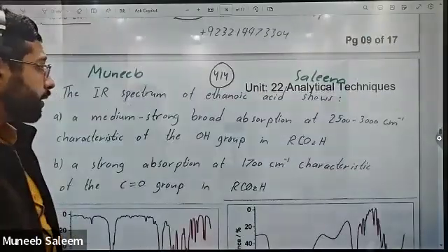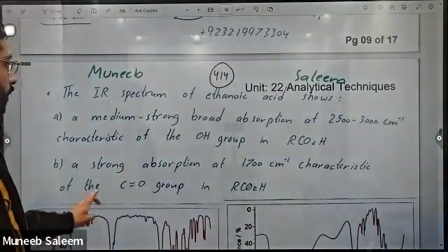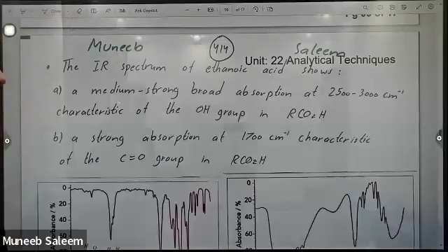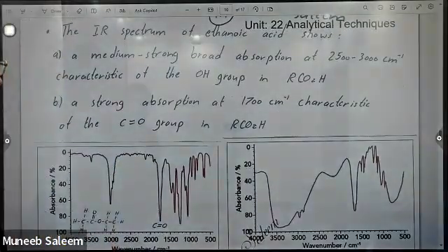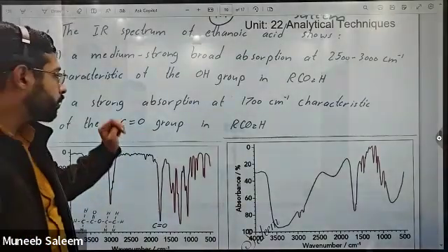The IR spectrum of ethanoic acid shows a medium strong broad absorption at 2500 to 3000 per centimeter, characteristic of the OH group in carboxylic acid, and a strong absorption at 1700 per centimeter, characteristic of the carbonyl group.